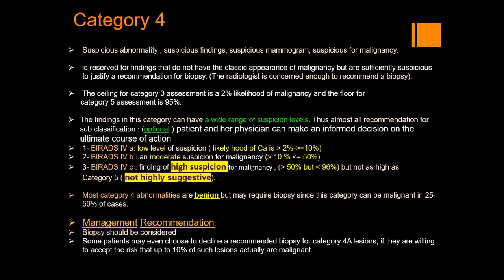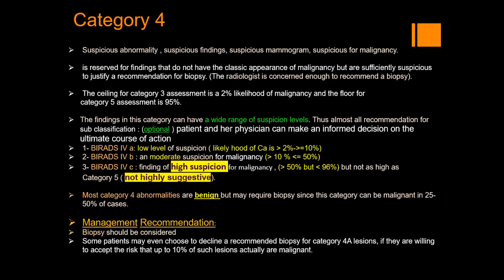It is between the ceiling for category 3 assessment, which is 2% likelihood of malignancy, and the floor for category 5, which is 95%. So it has a wide range of suspicion levels.